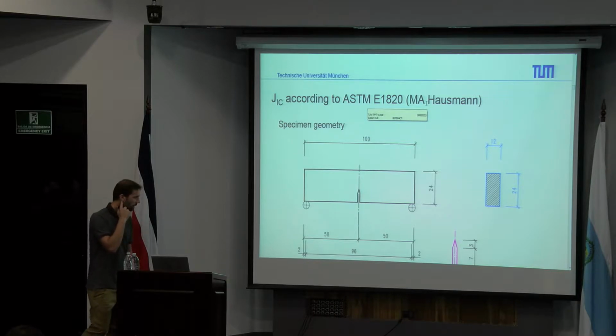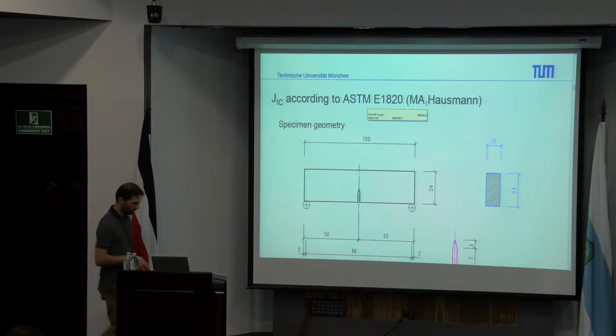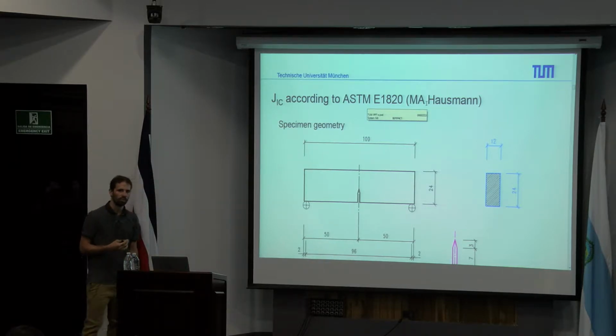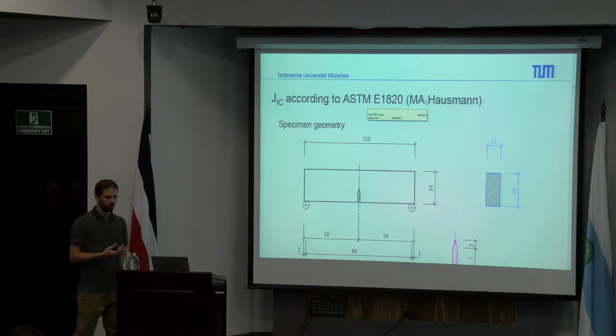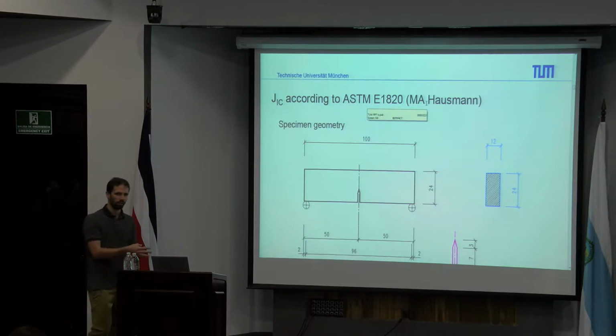So for example, due to this, we have done some testing on some historical steels, just to get some information on how reliable this information is also for the steels today.